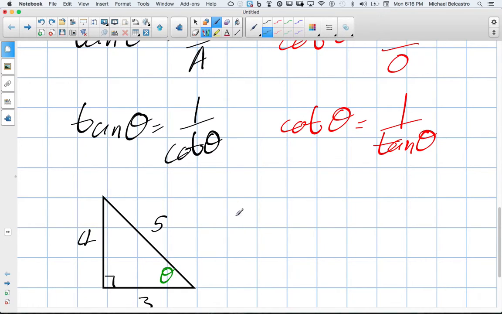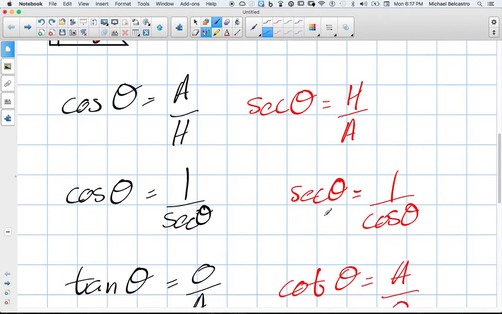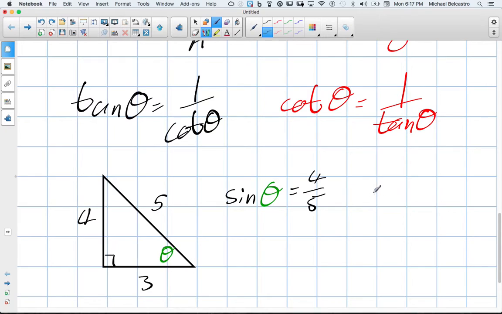If I were to do sine theta, which is the unknown, it is equal to opposite, which is 4, over the hypotenuse, which is 5. Or I can use the new one we just learned, cosecant. Cosecant theta, our unknown, is equal to the inverse of that, 5 over 4.